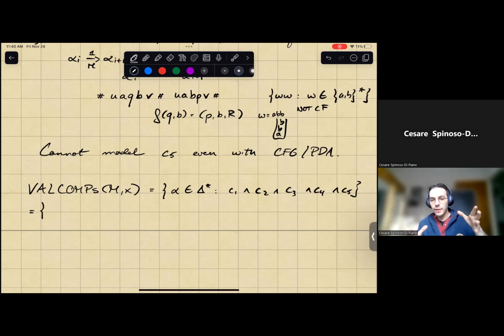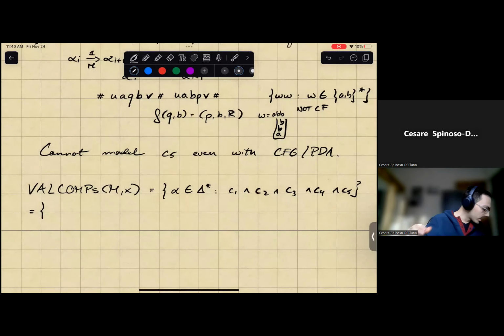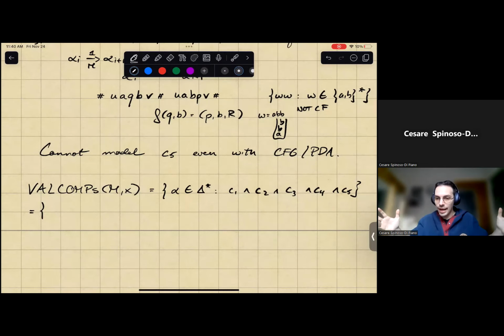If you have a set in set builder notation with a conjunction of conditions, you can split that as an intersection of languages, each with one of those conditions.